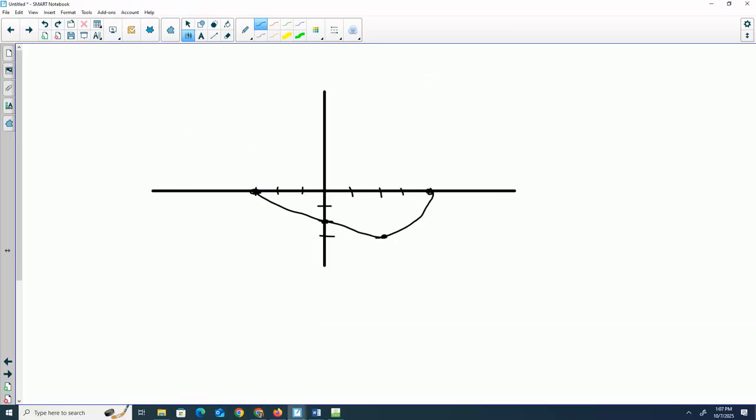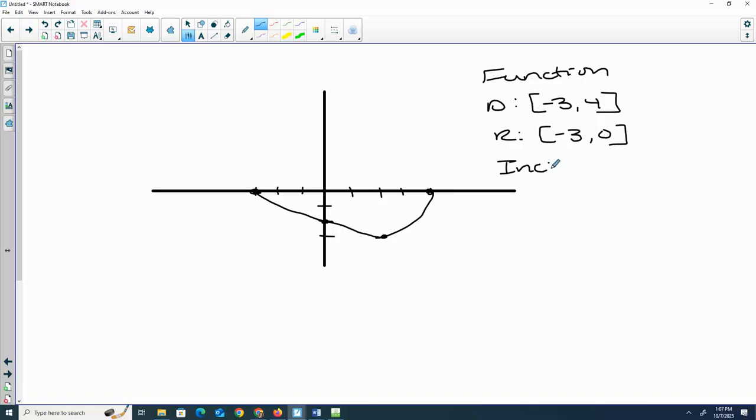Can you tell me, is this a function? Yeah, how do we know it's a function? Okay, what's my domain? And those get brackets because we hit them. What's my range? If I ask you increasing, decreasing, constant, what does this graph start out doing?